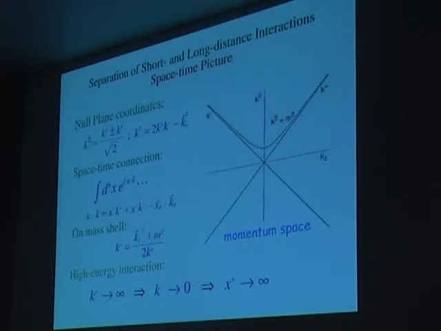And of course, because of complementarity, when you take the Fourier transform, k minus going to 0 means that x plus in this coordinate space becomes very large. So here's a picture: here are your Cartesian coordinates, and here are the light-cone coordinates. Here's a mass shell. When k plus becomes very large, k minus becomes 0, so you are forced to be along here.